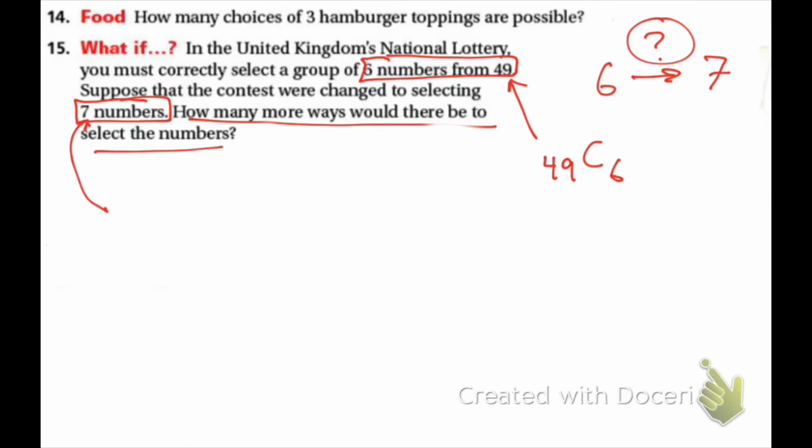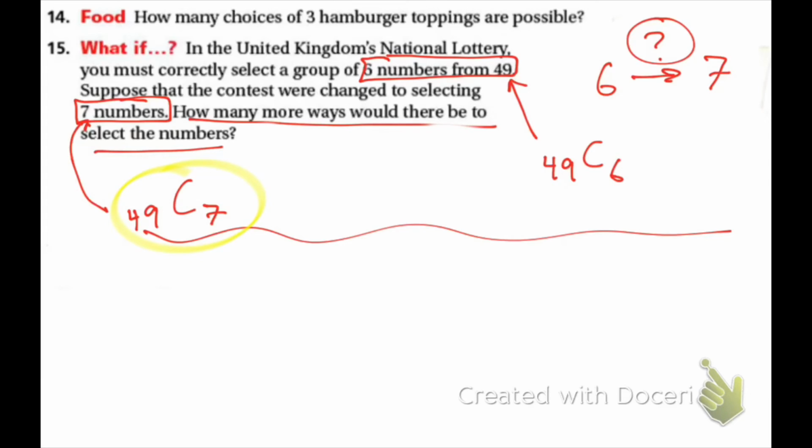If you change the number to 7, you have 49C7. So what you're going to do to solve this, I'm going to take the new way, which is with the 7 numbers. So we're going to do 49C7 minus 49C6, and that's going to give me the total increase of ways to select the numbers.